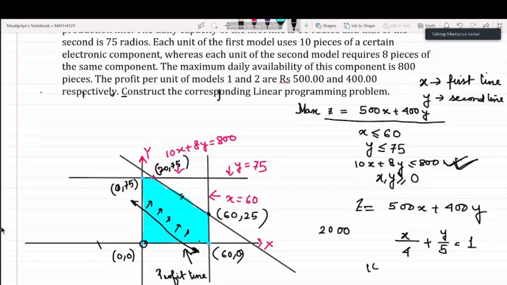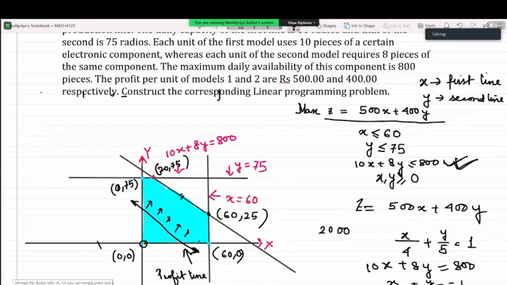That is, 10x plus 8y equal to 800 would be x by 80 plus y by 100 equal to 1. So the slope of this line is the same as the slope of the profit line.